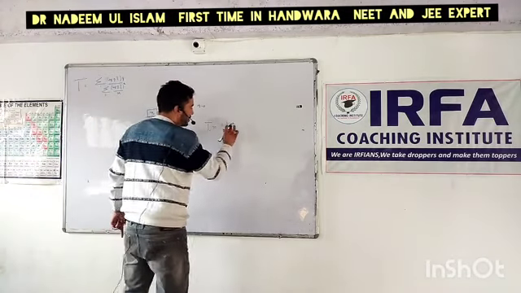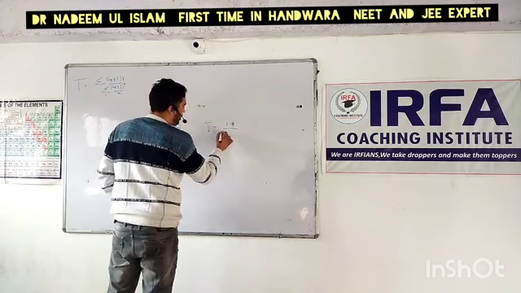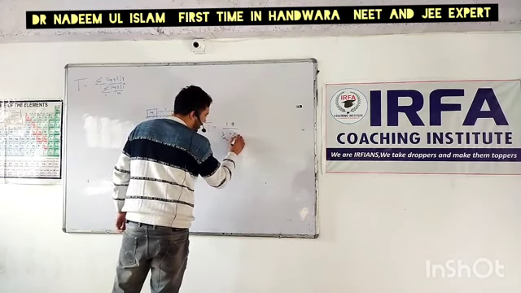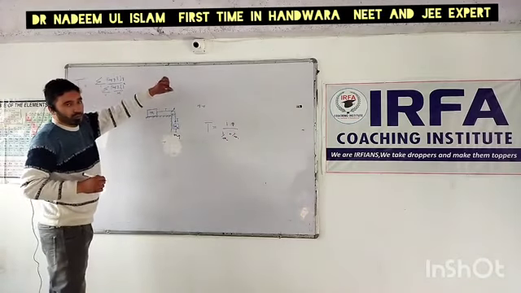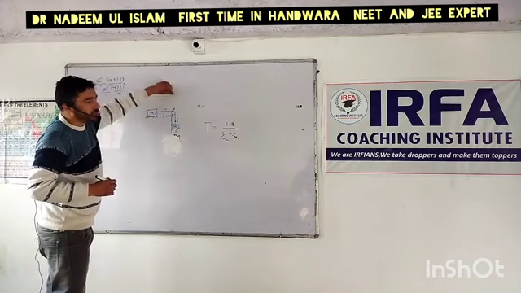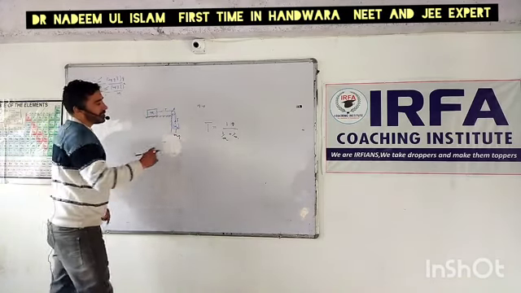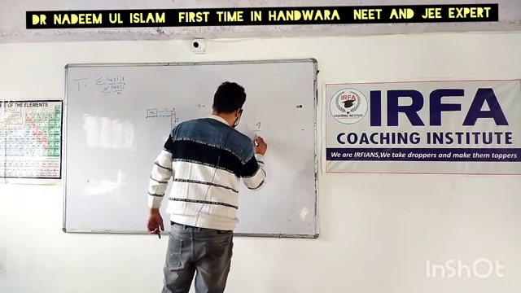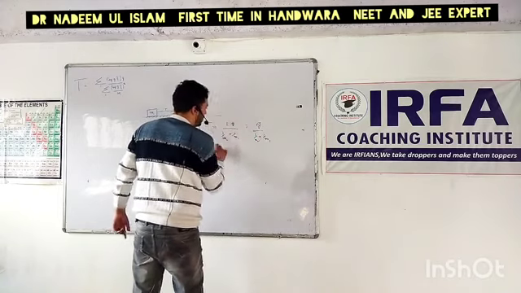So it will be 1 into g divided by 1 by M2 plus 1 by M1. Here the effective acceleration due to gravity was 0, so I'm not taking that term into account in my numerator. So my problem is solved.